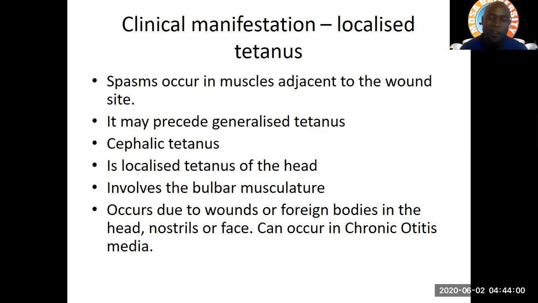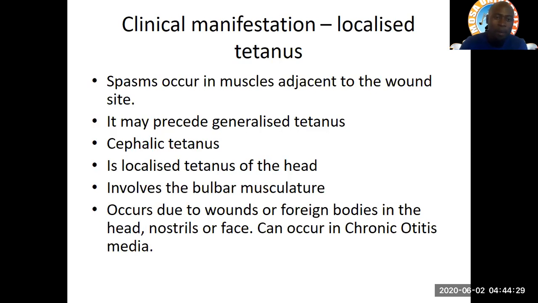Once the effect starts from there, it will proceed to generalize the tetanus. It may start as localized tetanus, and if not treated, since we know the toxin spreads through the nerve endings, it will spread and lead to generalized tetanus.